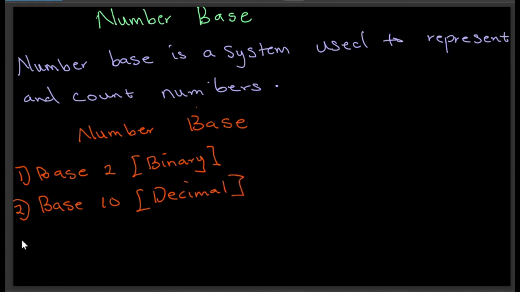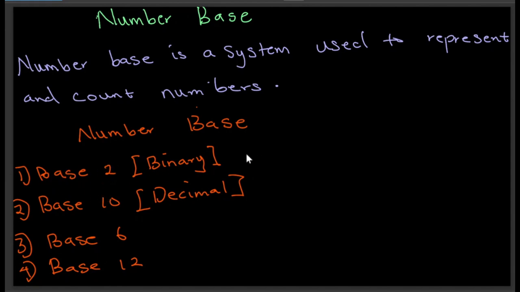Then we have other bases like base 6, base 12, and so many of them. We have base 8, which is called octal, base 7, base 5 which is called quinary, and base 16 which is called hexadecimal. So I won't write all of it here, but just know that there are so many number bases that we have apart from these ones. So we are going to take them step by step.